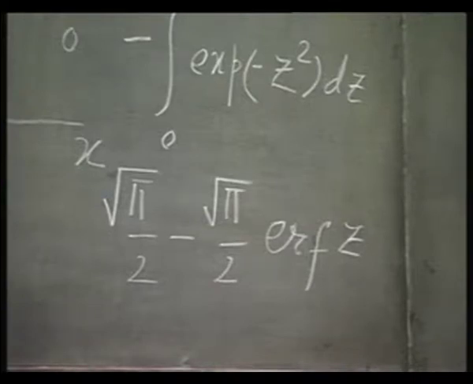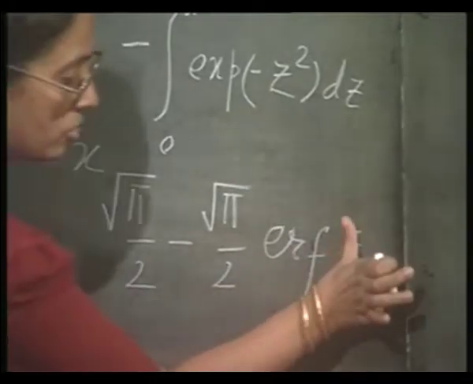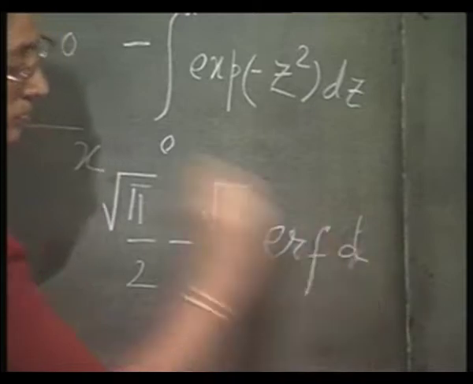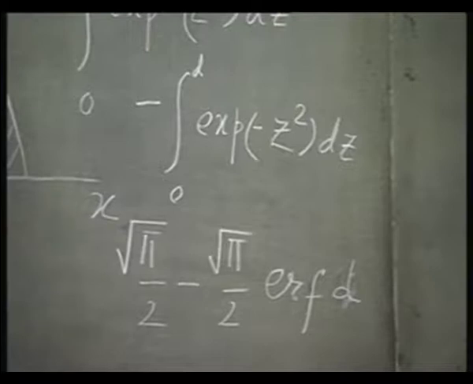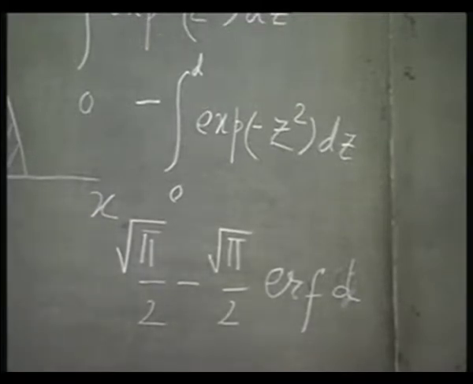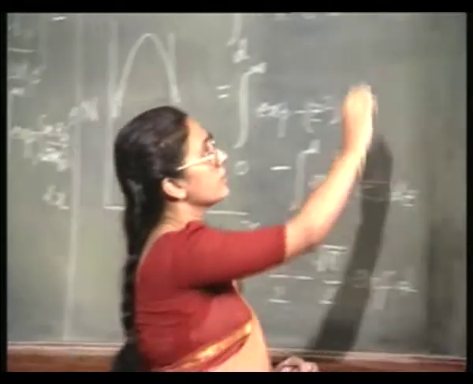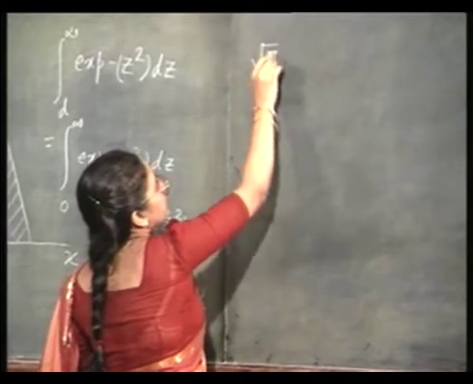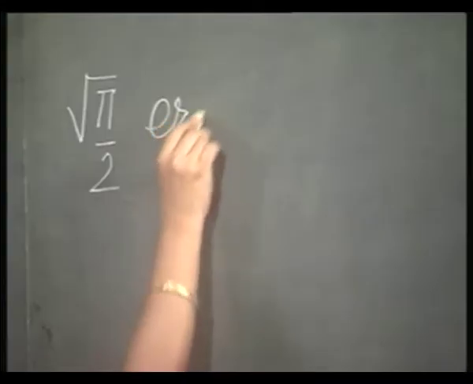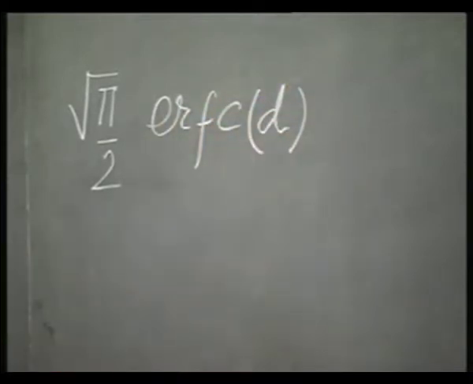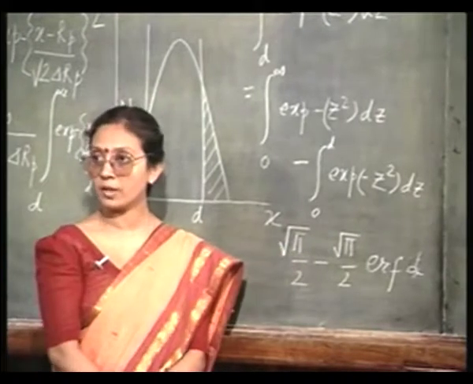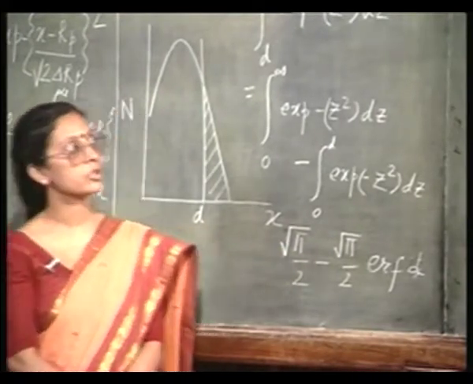Root pi by 2 error function of d. Right? In other words, this can be written as root pi by 2 times 1 minus error function of d, that is error function complement of d.